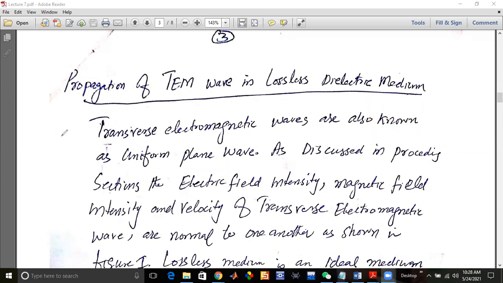So the propagation of the TEM wave. We studied that light waves are electromagnetic waves, and these electromagnetic waves contain two fields. One is the E field and one is the H field.